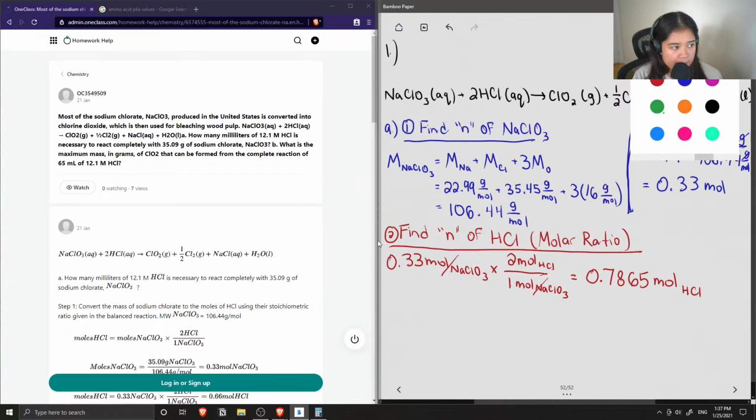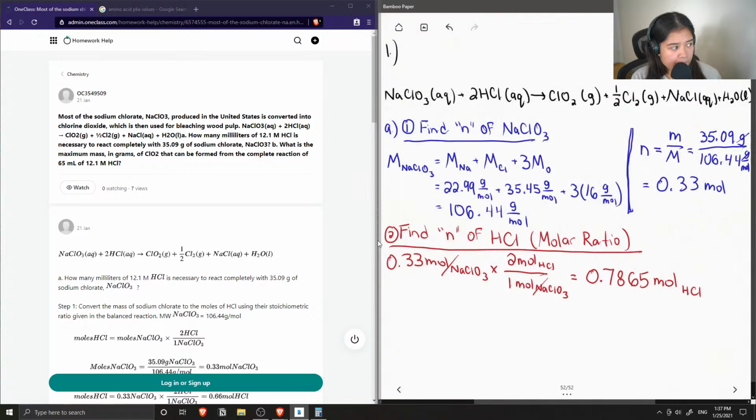Finally, for step 3, we need to find the volume of HCl.